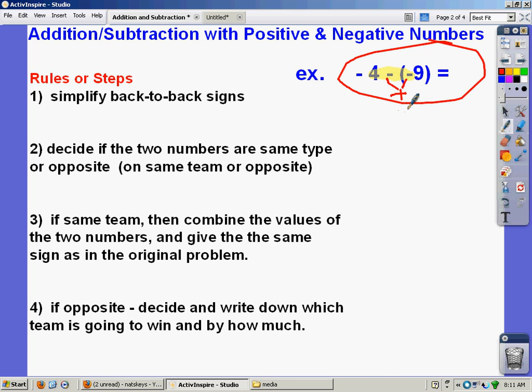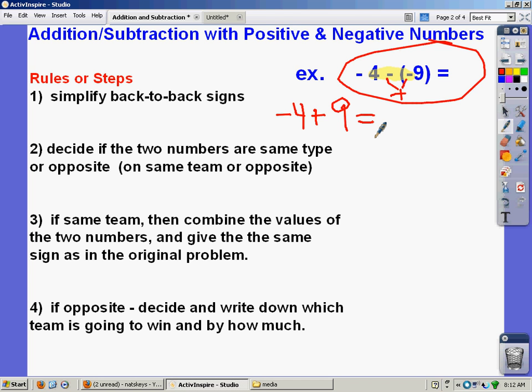So instead of having this complicated example, we want to rewrite that as -4 minus plus 9. Okay, that's an ugly 9. Let me erase that and start over. Plus 9 equals.